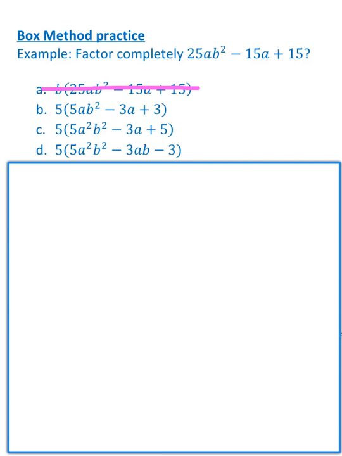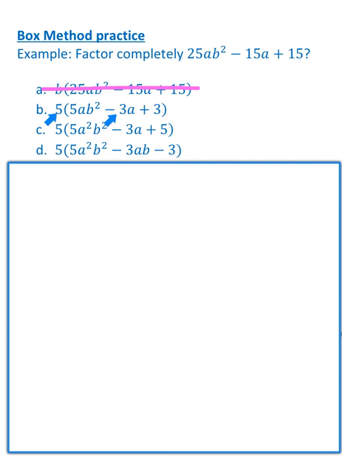Looking at the rest of the choices, it looks like there's just a 5 in the front of each one of them, so it just has to match. When I multiply each one of these terms by 5, I get the correct terms up here. And right off, I'm looking at this. I've got 5 times 5, which is 25. And I do have ab squared, which is what I have right there, ab squared. 5 times a negative 3a.